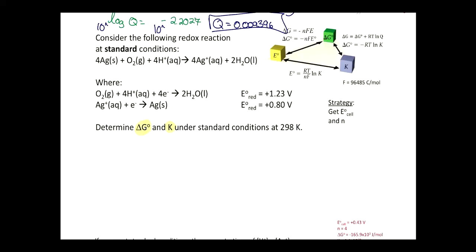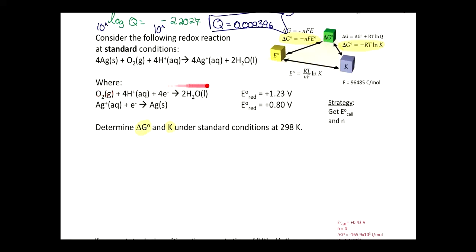Notice that your cell potential for this reaction is related to the Gibbs free energy of the reaction. And we already know Gibbs free energy is related to the equilibrium constant. So our strategy here is to first calculate the cell potential of this reaction. We have to get N as well, and then calculate delta G, and then calculate K from those results.